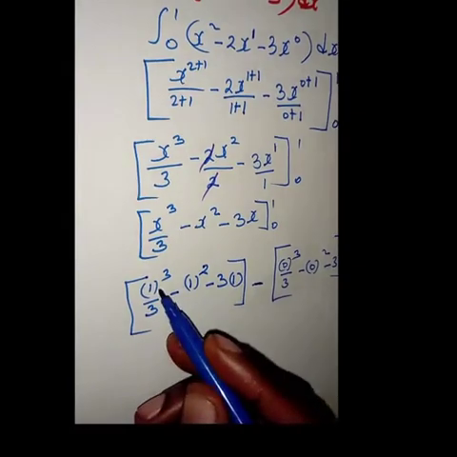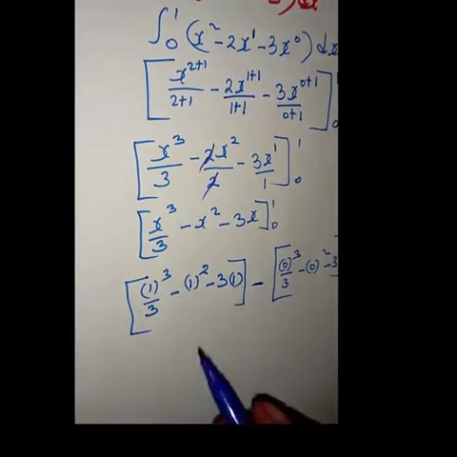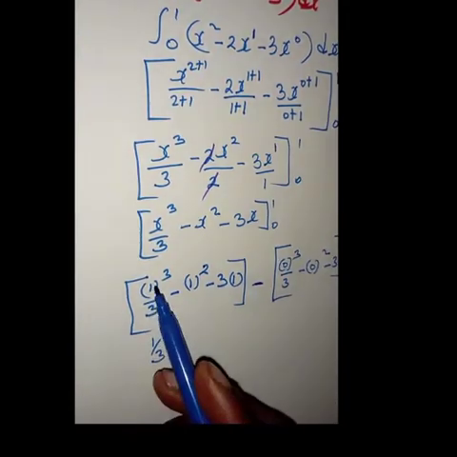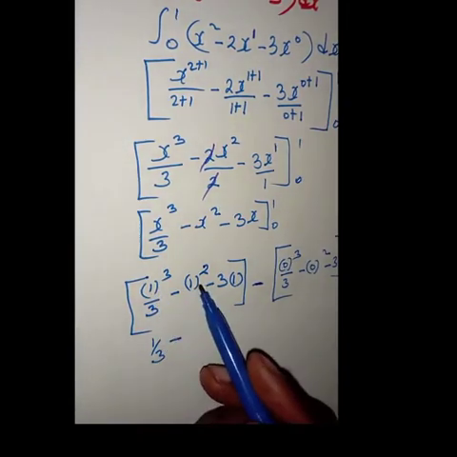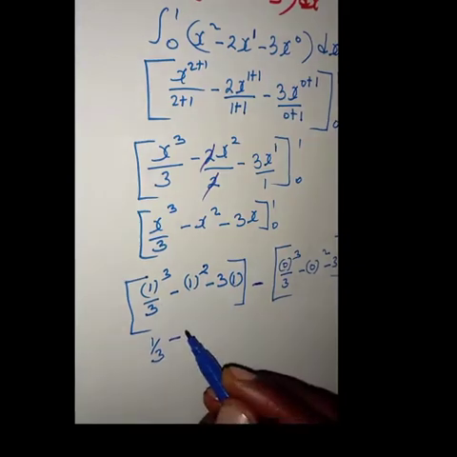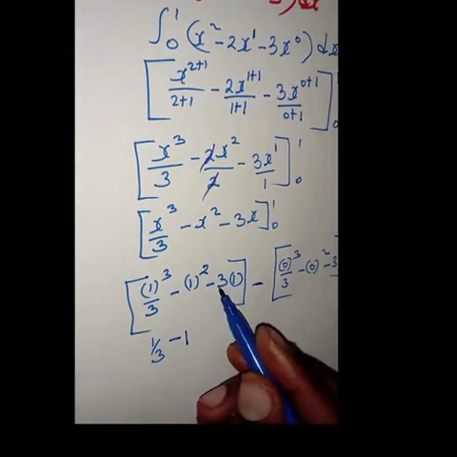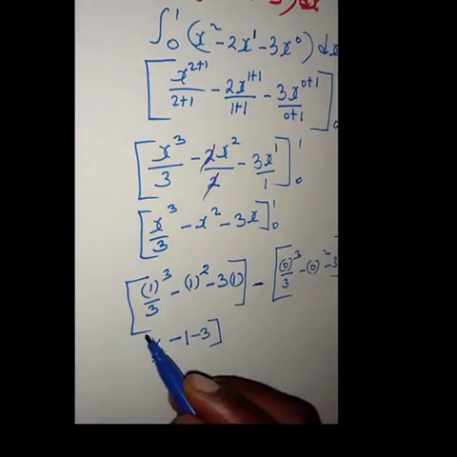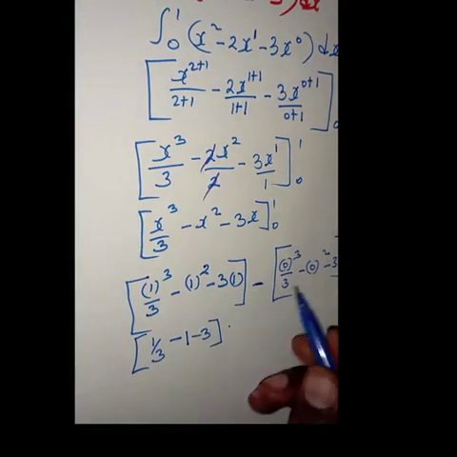So 1 to the power 3 means 1 times 1 times 1, it will be just 1 over 3. 1 squared means 1 times 1, which is 1. Negative 3 times 1 is negative 3. Now, picture this.